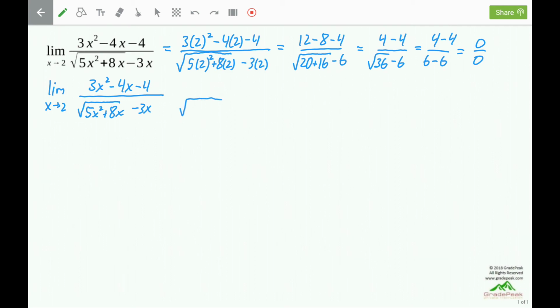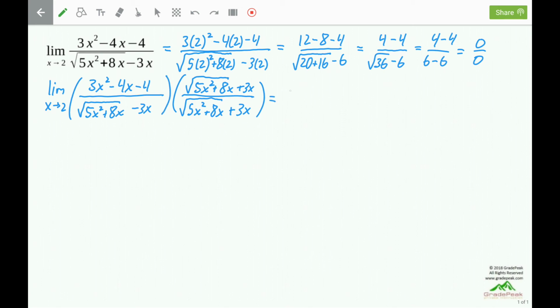Now the root conjugate is the same terms in the root combination, but opposite sign between them, so it'll be a plus between them. And we're going to put 1 in the numerator as well. So we have a form of 1 when we multiply. Multiplying by a 1 does not change the value, it just changes the look.